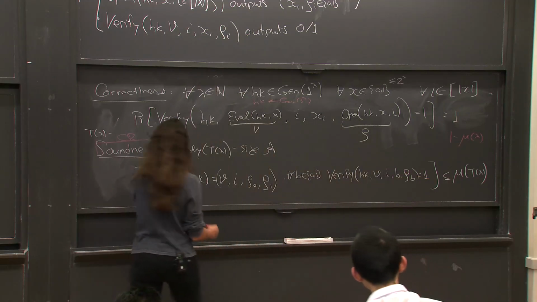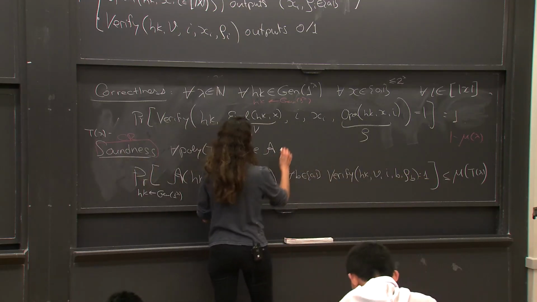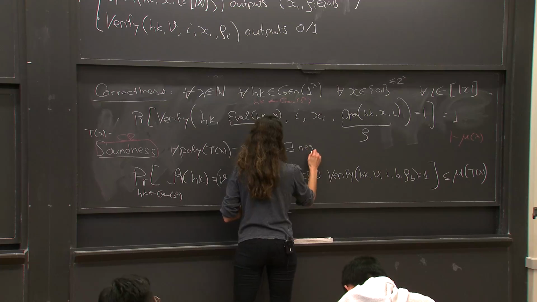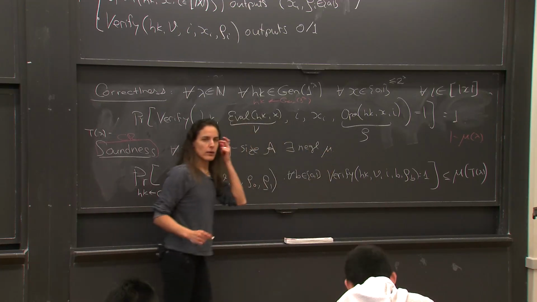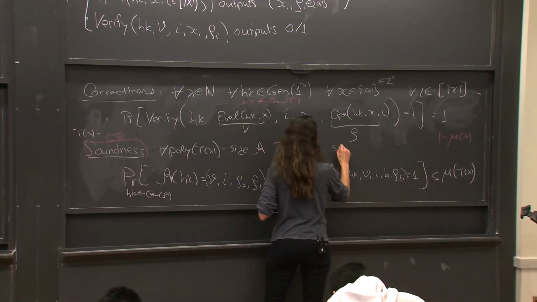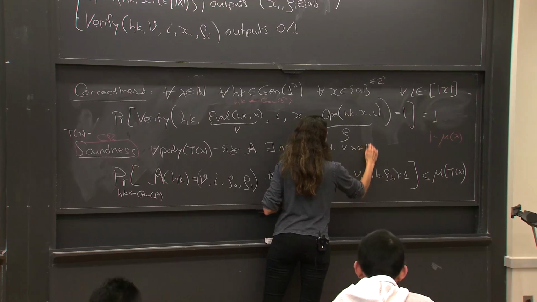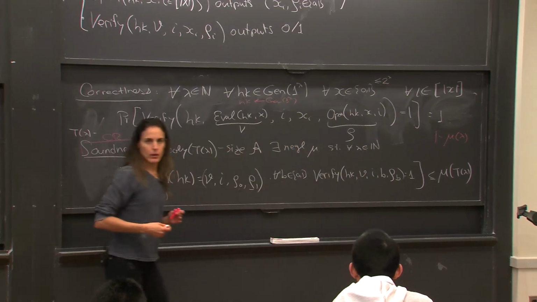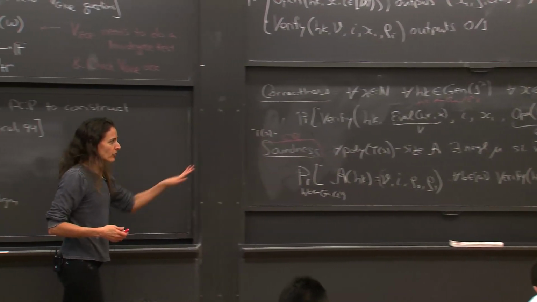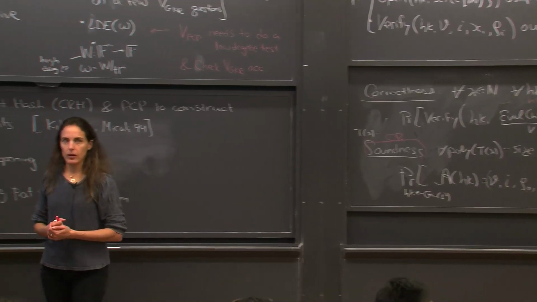So for every adversary there exists a negligible function such that this holds. This is the collision resistance property.